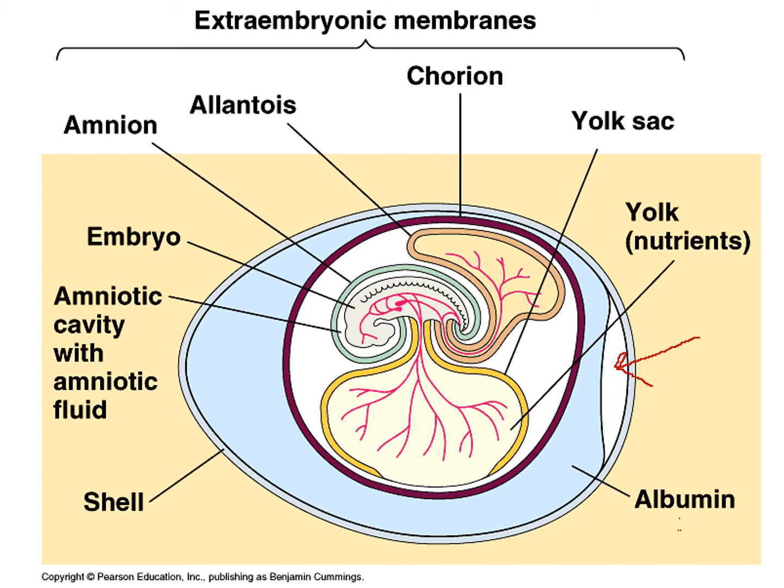We also have something called the allantois, which is for the storage of waste. Because of course, if you're in a sealed egg, you can't get rid of the waste. You have to put it somewhere. So it goes into that pouch. So we have all of these specialized membranes that help support the embryo.